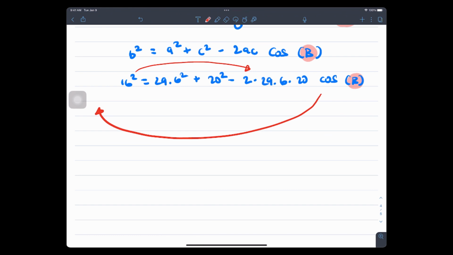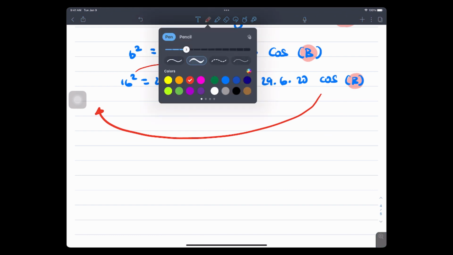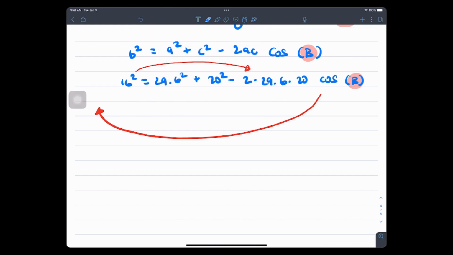This is actually solving for eventually cosine B. Algebra. 2 times 29.6 times 20 cosine B will equal 29.6 squared plus 20 squared minus 16 squared. Okay, you guys okay with that?